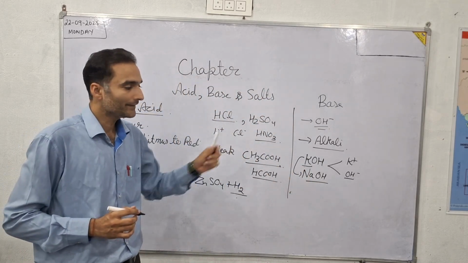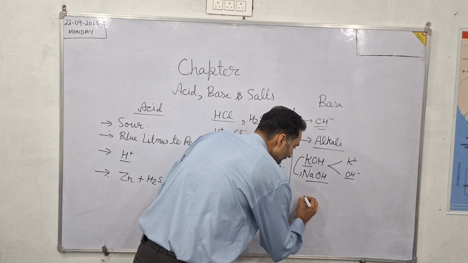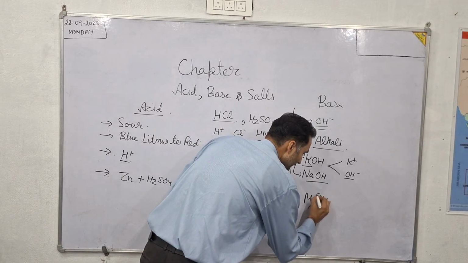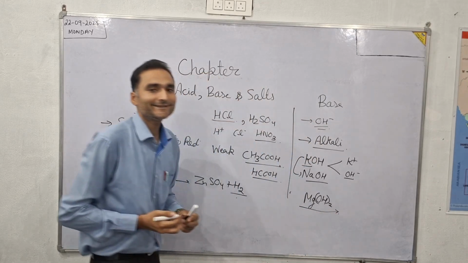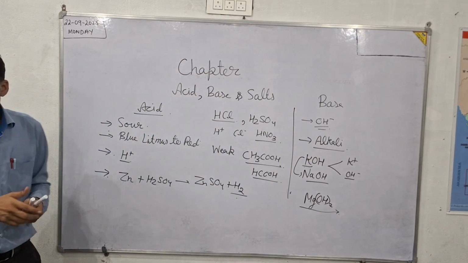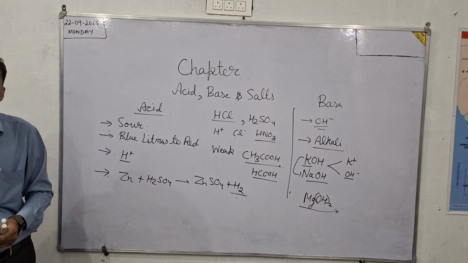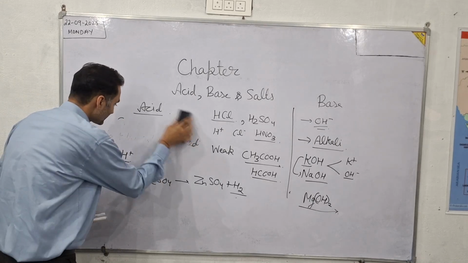Now we have the weak bases which partially dissociate into ions. An example for a weak base is magnesium hydroxide, which is called milk of magnesia. It is an antacid to get rid of indigestion and acidity. So now, students, how strong or weak an acid is means the strength of an acid.